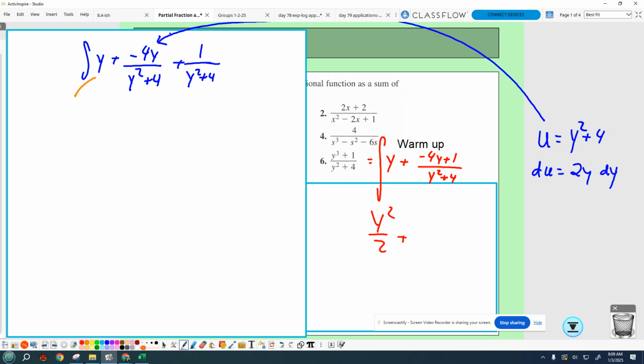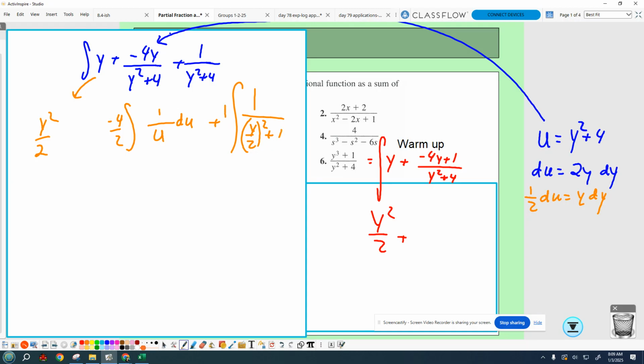So the integral of this, y squared over 2. The integral of this, doing the u substitution that we have set up over here, and the integral of this one, Sita is suggesting, it's arctan.